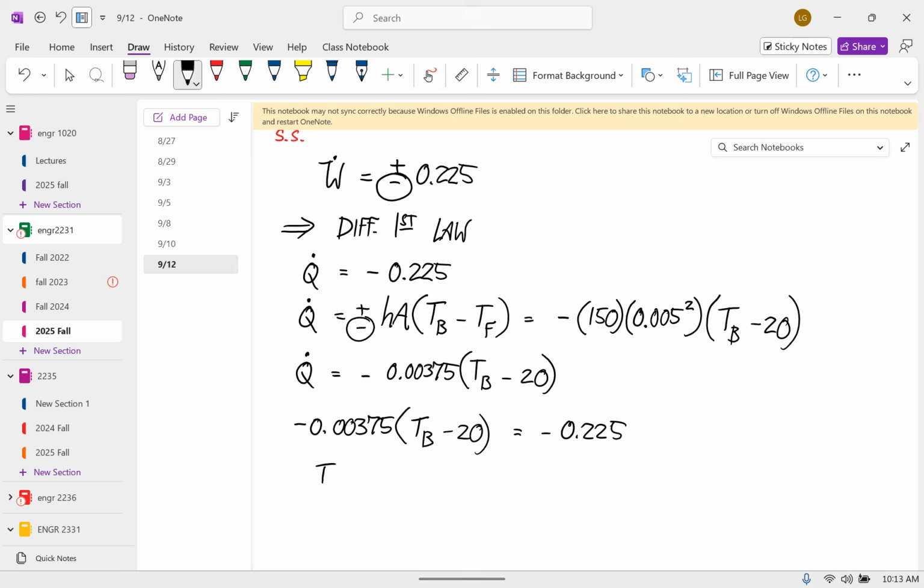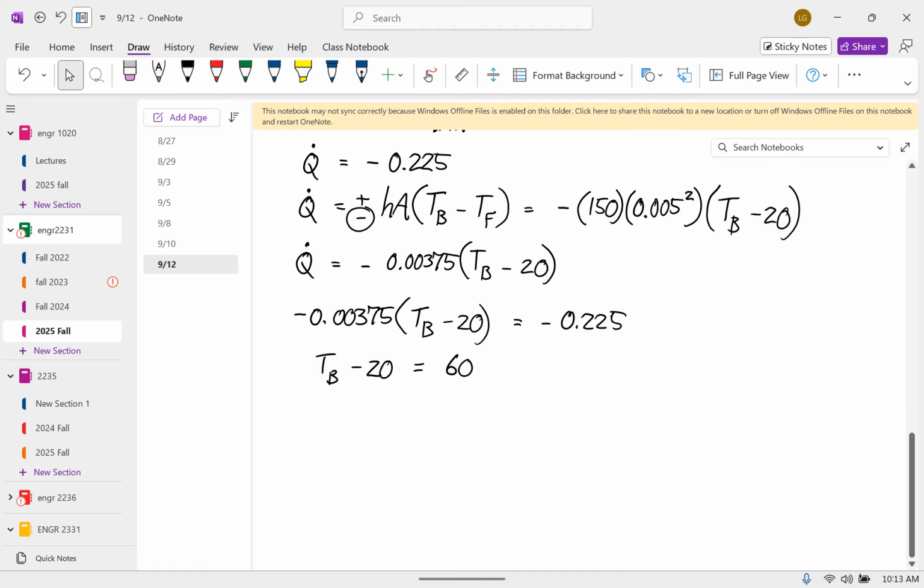And so TB minus 20 is equal to 60. And so the surface of the chip has a temperature of 80 degrees Celsius.